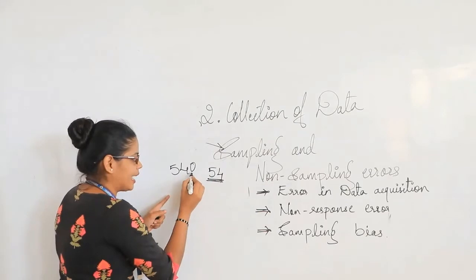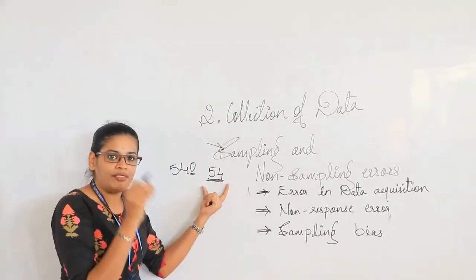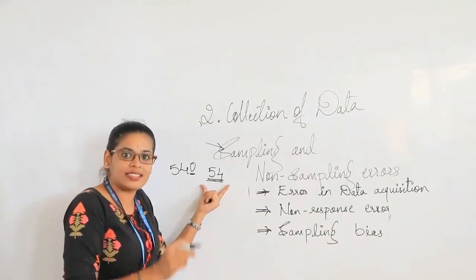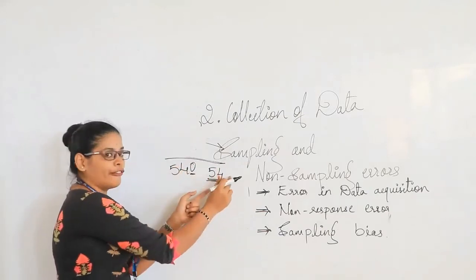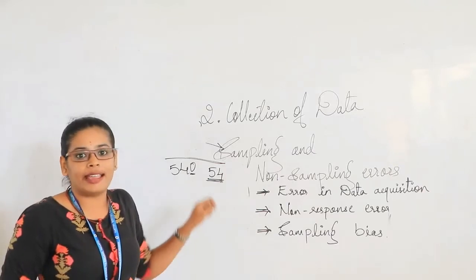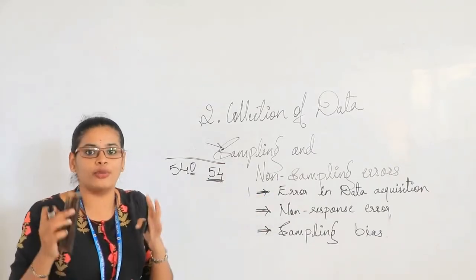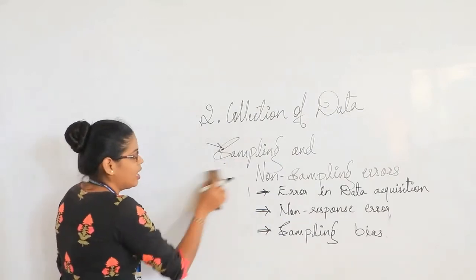You can see that just by omitting this 0, the data whatever you have inputted in the computer, or might be written by somebody else, has a greater difference, from 54 to 540. So these kinds of errors can happen when there is the acquisition of the data, or when we are collecting or gathering the data.